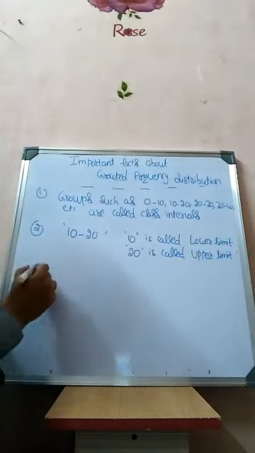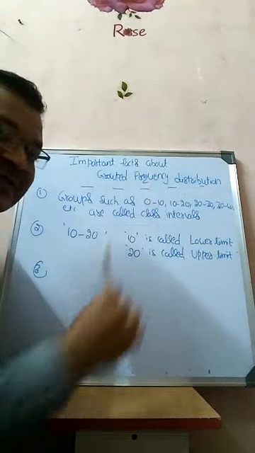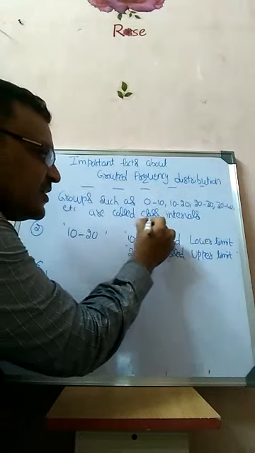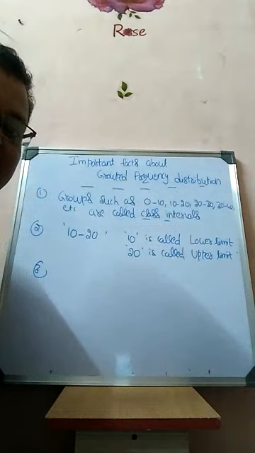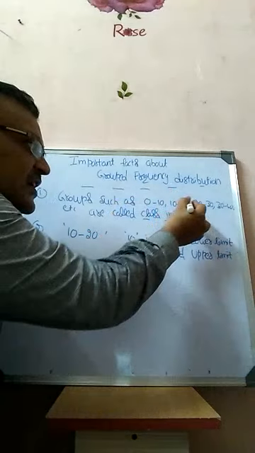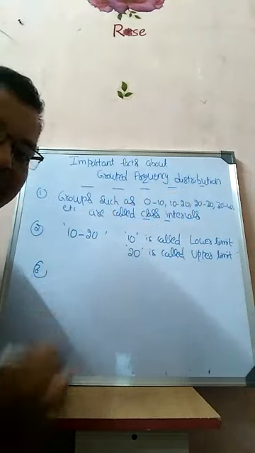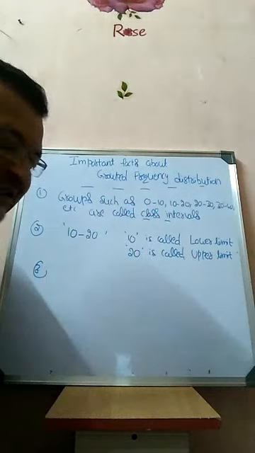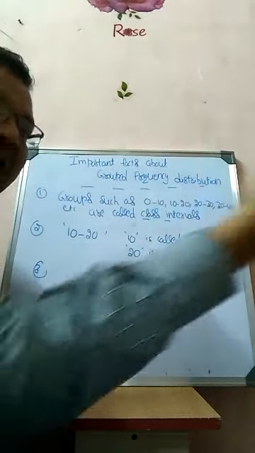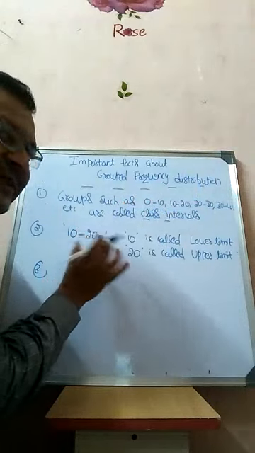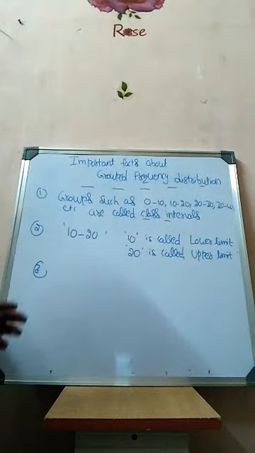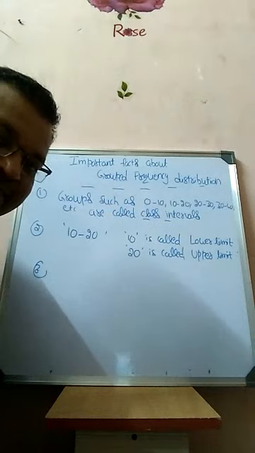So the groups we divided are called class intervals. In any class, for example 10 and 20, 10 is the lower limit and 20 is the upper limit. The difference between the lower limit and upper limit is the size of the class, the width of the class.